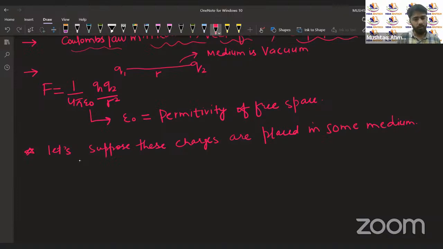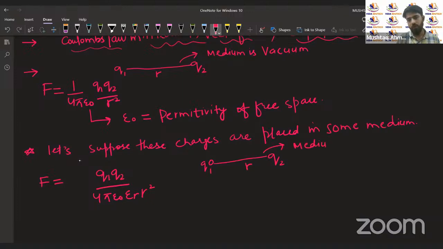That's the r. Now the force between them is not the same. The force between them changes by this factor that we call epsilon r. Suppose q1 q2 are two charges, separated by the same distance r, but now they are placed in some medium. किसी मीडियम में रखा गया.